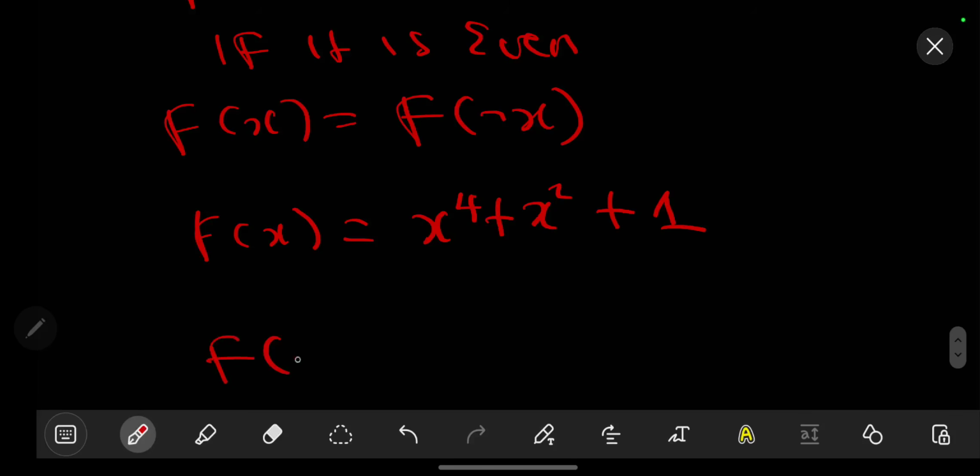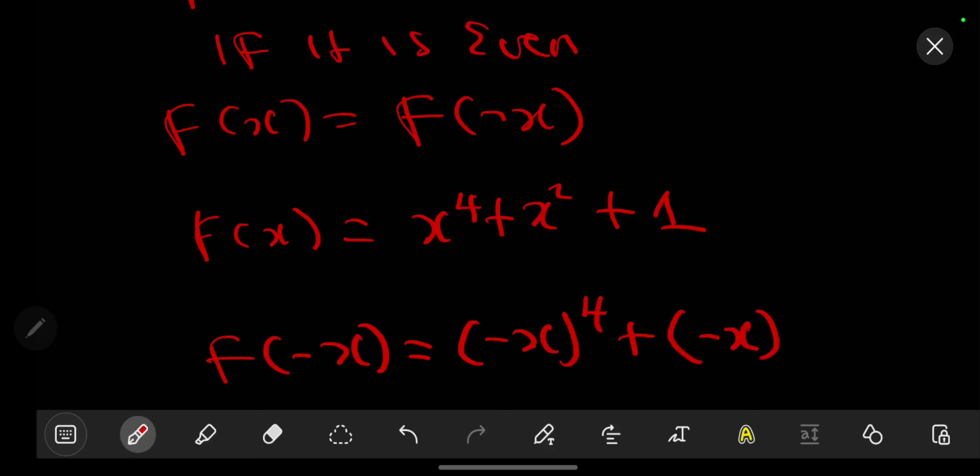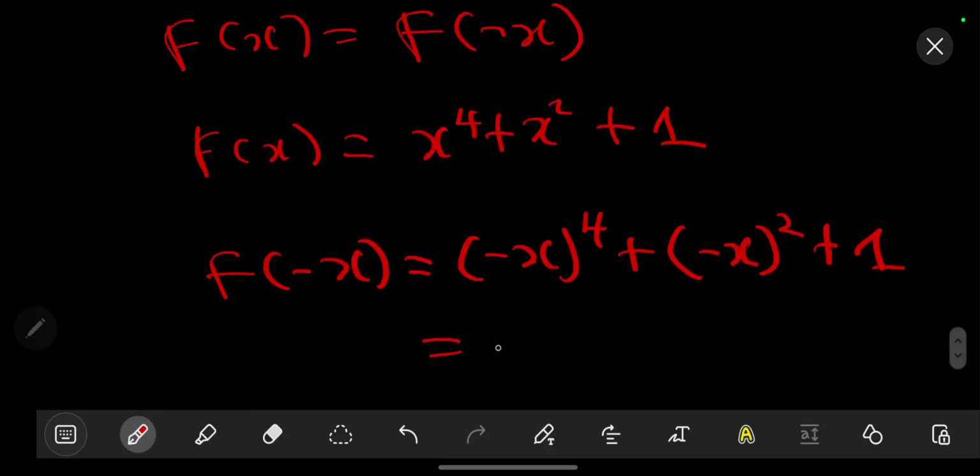Then our f of negative x should be equal to, where there is x, put negative x, then we have negative x to the power 4 plus negative x to the power 2 plus 1. So negative x to the power 4 is equal to positive x to the power 4. Then we have plus negative x to the power 2 is positive x to the power 2 plus 1.